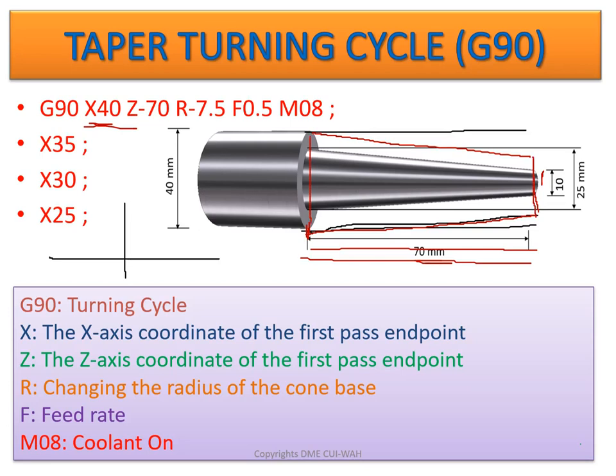Now for the next cycle, what will happen? This is x35. Now our tool will move the same distance, minus 70 mm, but up to x35. It will bring the tool to x35, somewhat above the minus 40. Now this line will be cut off, like this one.